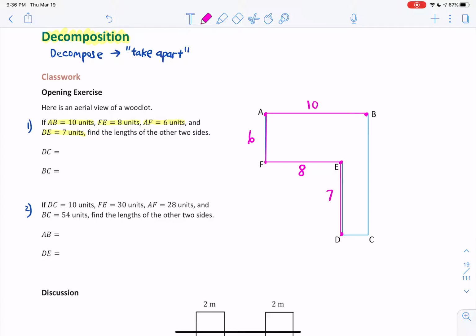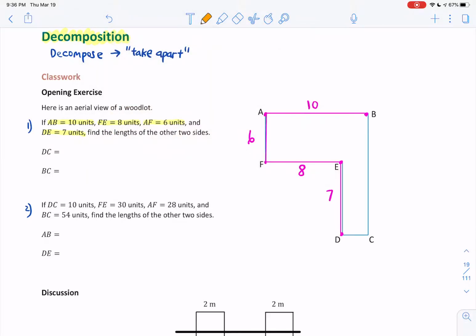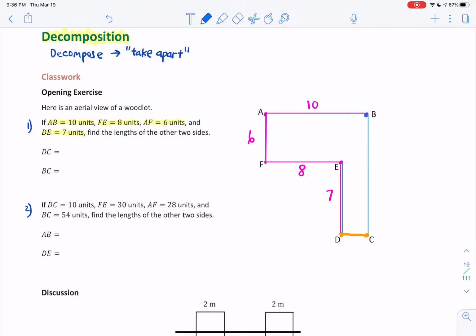All right, now how do we find the other missing sides? We want to focus on getting the length of DC, and then also the length of BC.